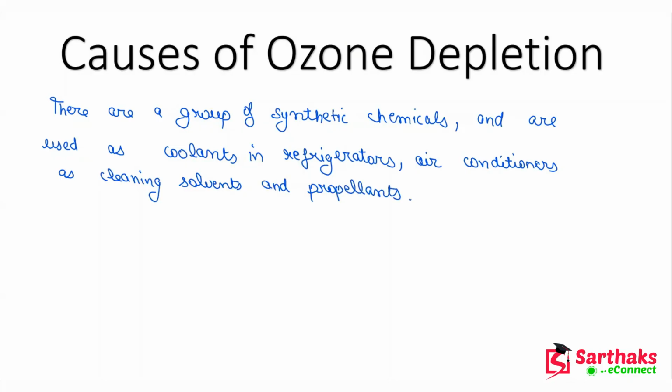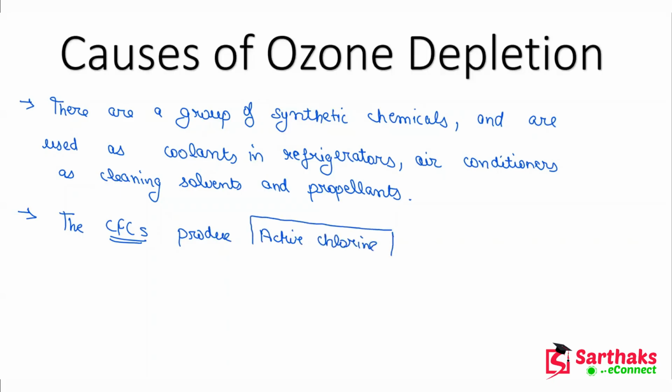Now, how do these CFCs deplete the ozone layer? The chlorofluorocarbons produce active chlorine, that is, chlorine atoms.